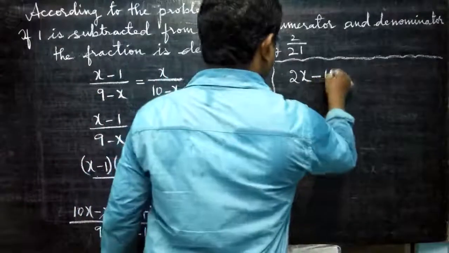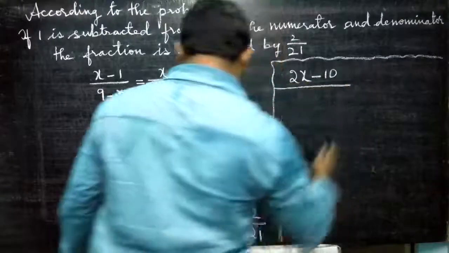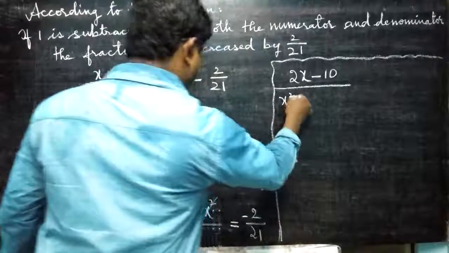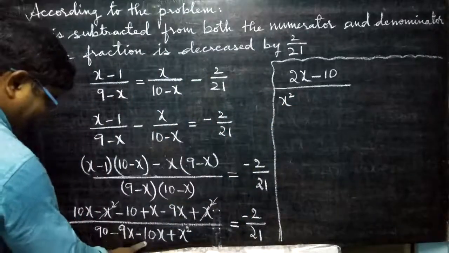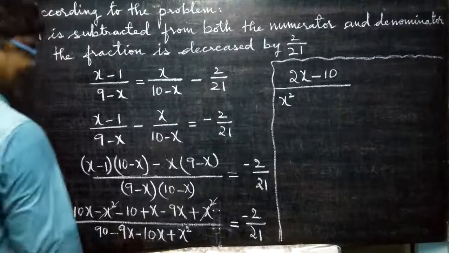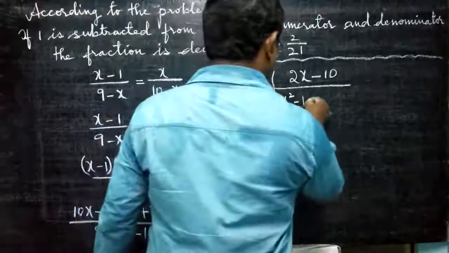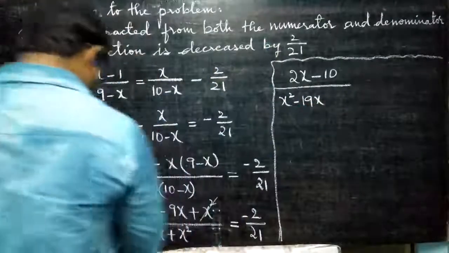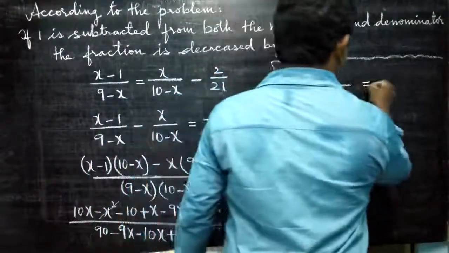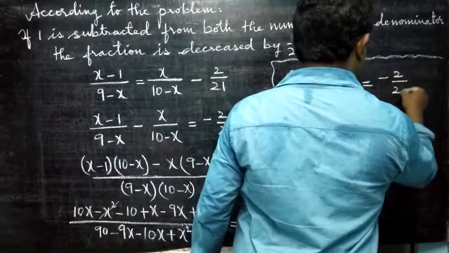So minus 10, divided by, here only one x square is there. So x square, minus 9 minus 10 is minus 19. Minus 9x minus 10x, like terms, minus 19x. And plus 90 constant is equal to minus 2 by 21.